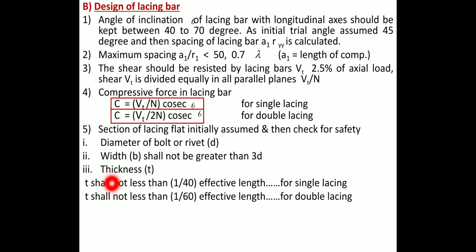Third criterion, thickness, that is t. t shall not be less than 1/40 times the effective length, and this condition is applicable to a single lacing system. Second, t shall not be less than 1/60 times the effective length, and this is applicable to a double lacing system.